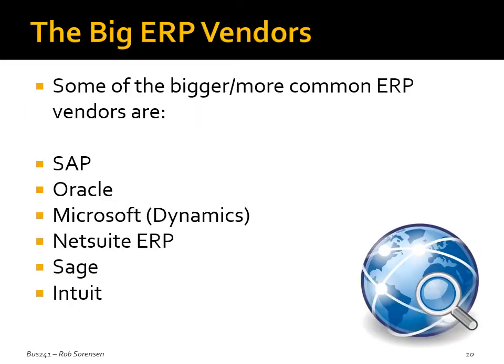I mentioned SAP and Oracle. There's a few other big vendors, SAP and Oracle there. Dynamics from Microsoft. NetSuite offers one. Sage, right? You may have seen Sage Accounting already. Intuit, that's more the smaller business side of things, but you can buy some great packages from Intuit.